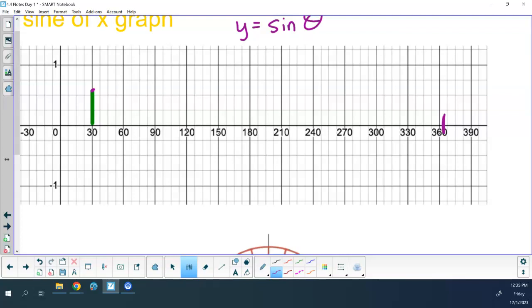Have at it. Measure all the way around the circle, graphing it as you go. What happens in the sine when you're graphing and you get past 180 degrees? It goes negative because now you're going below that center axis.